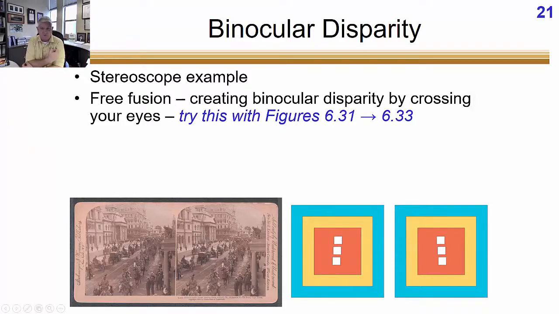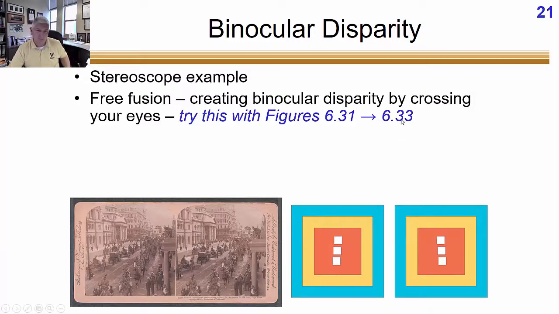It'll be easier to do on your book than the screen, but if you can cross your eyes while you're looking at it to create a middle image. So you actually now have three, there's a middle image. When you do that and fuse it, the three white squares line up one in front of the other, and there's a perception of depth there, so that the square at the bottom is closer than the square at the top, right?